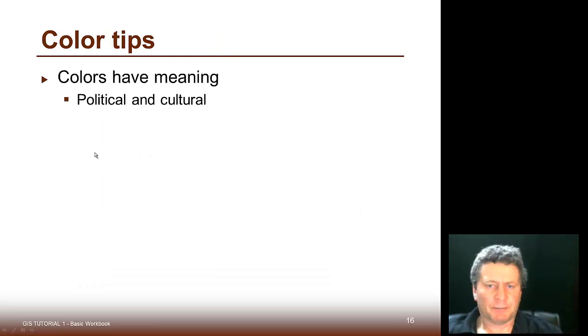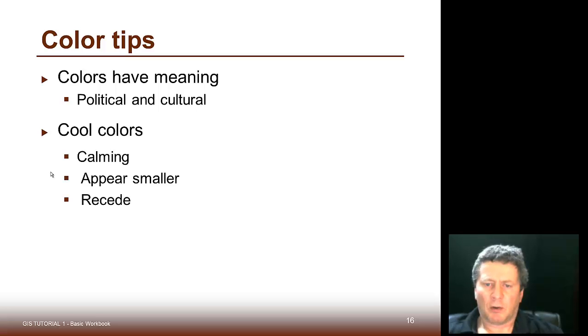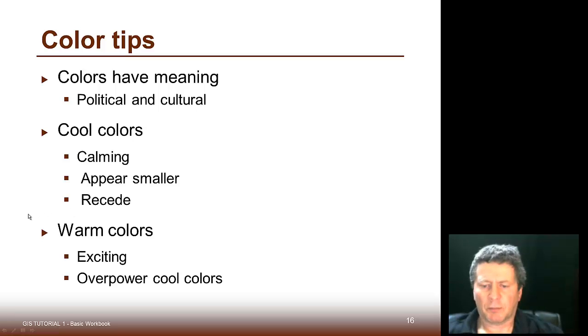Some colors have got political meaning. Republican, Democratic presidential elections, for example, are a very common colored map that we all watch in November. Cool colors give it a little bit more calming, and they appear smaller and they kind of recede away, and warmer colors are more exciting and overpower.